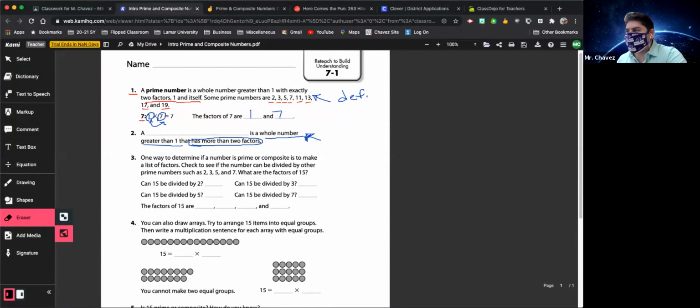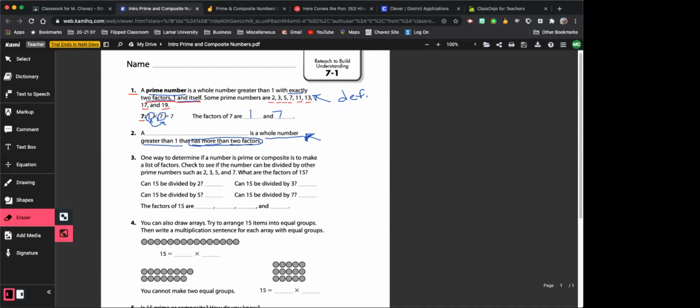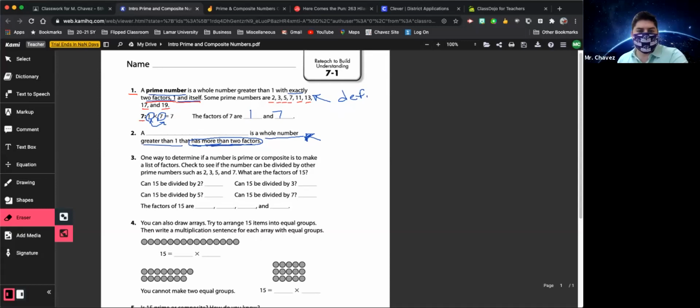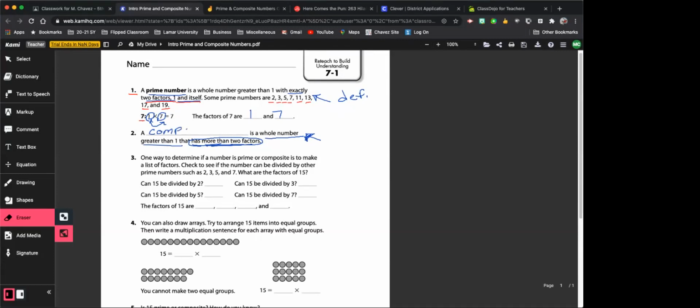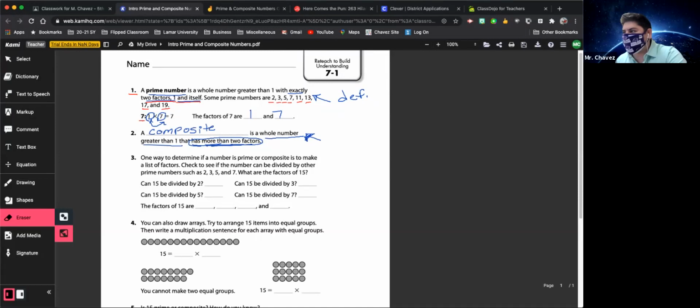But remember, a prime number has exactly 2 factors, 1 and itself. Here, we want more than 2 factors. So what's the opposite of a prime number? The cousin, if you will. Composite. So right here for number 2 in the blank, let's fill it in, composite. A composite number.